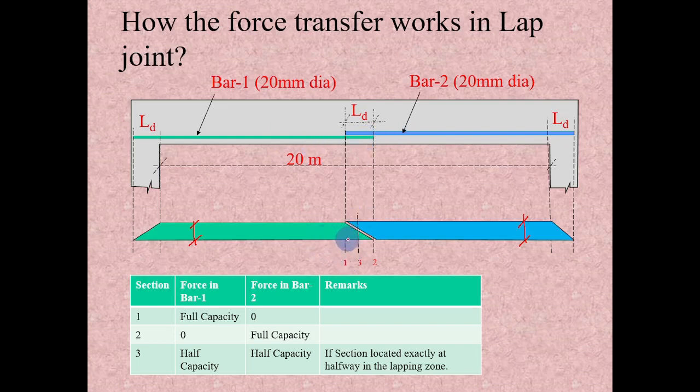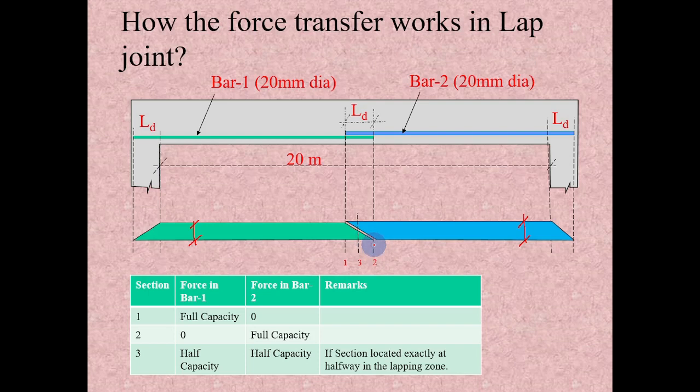Let's consider section 1, section 2 and section 3. In section 1, the bar will have full yield capacity, and at section 2 bar 1 will have zero capacity.